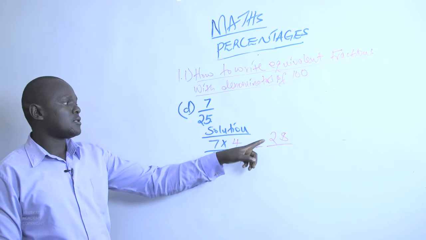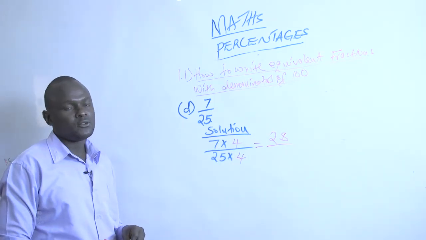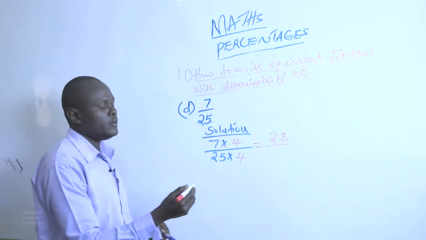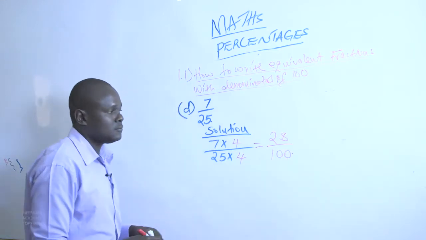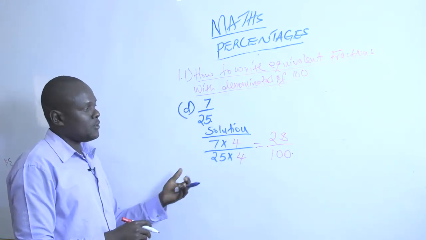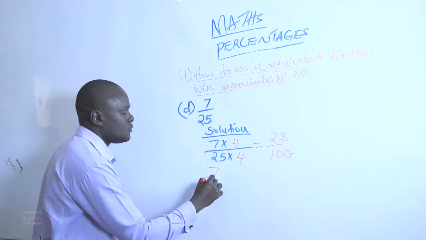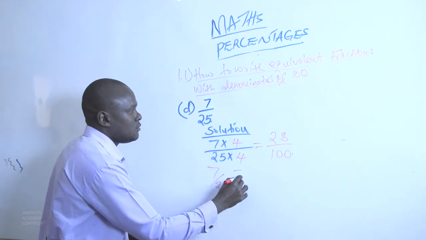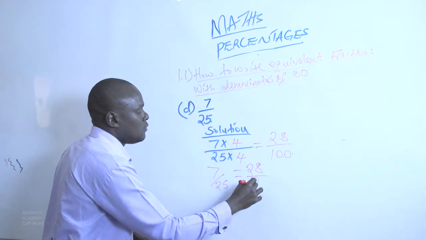And you can even ascertain this by using the calculator. It is another option available to us. 25 multiplied by 4, we will get 100. So what I'm trying to drive at is that an equivalent fraction to 7 out of 25 is 28 out of 100.